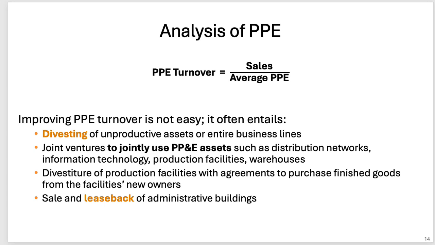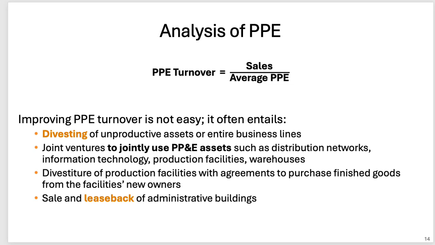As you can see here, some of the things that it entails might be divesting yourself of unproductive assets, which may have implications for entire business lines. It may mean entering into joint ventures to jointly spread the use of your PP&E assets with other subsidiaries or other types of entities. It may mean divesting yourself of production facilities, which means you've got to get your stuff from somewhere. So maybe you have to balance that with how you're going to purchase finished goods from some other facilities owners.